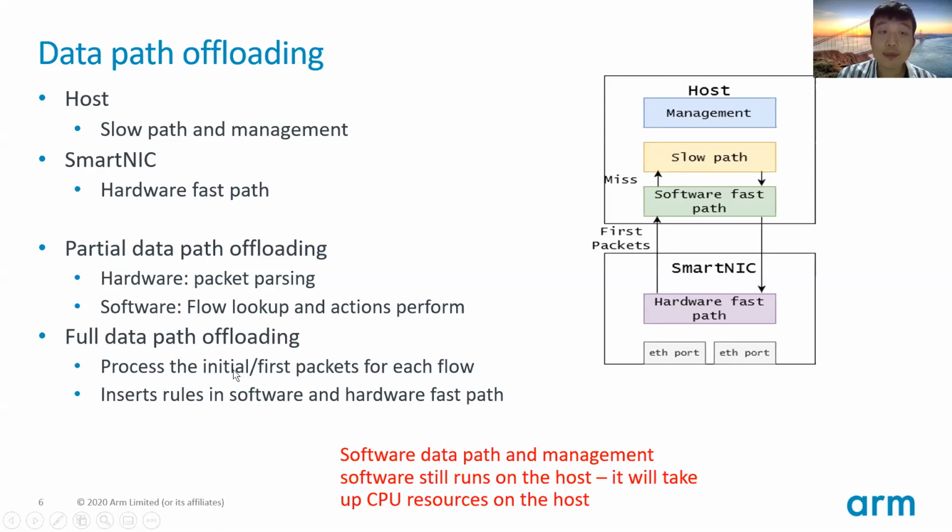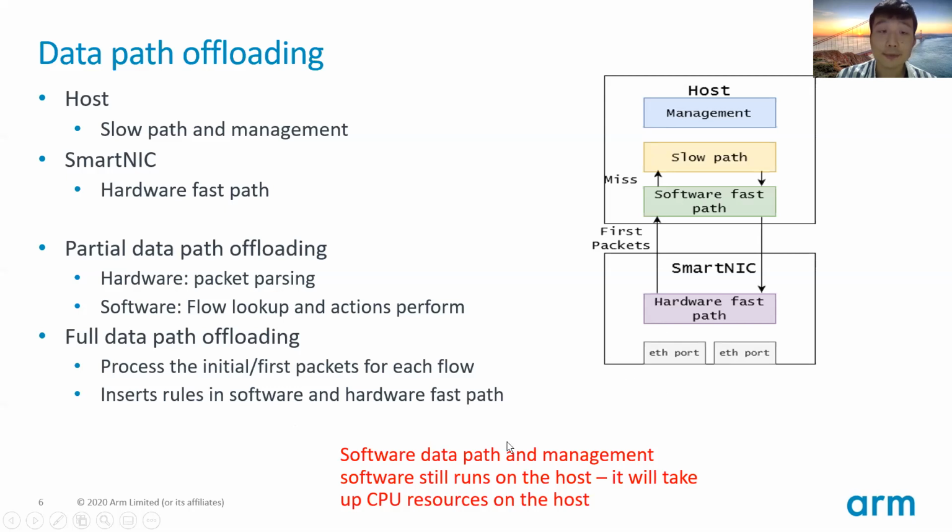In full data path offloading, only the initial first packet of each flow will be sent up to the slow path, and after the rules and identified packets are inserted, the following same packets will not go up to the slow path. It can be processed faster.